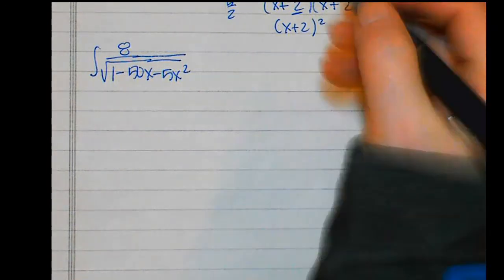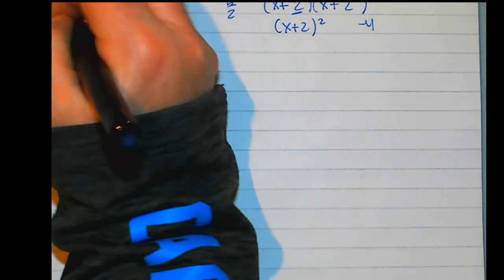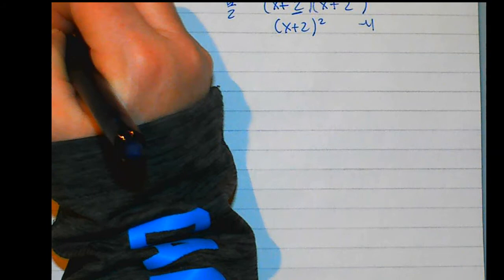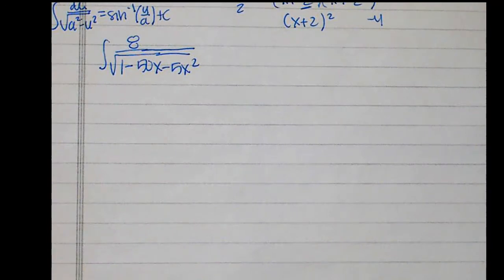And she'd already told us to remember that the integral of du over the square root of a squared minus u squared equals sine inverse of u over a plus c. So she'd already told us that, a little piece of information.